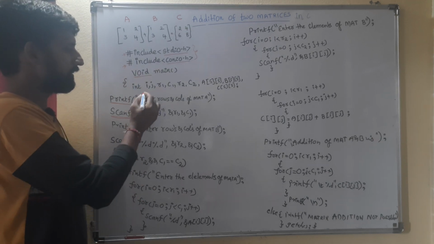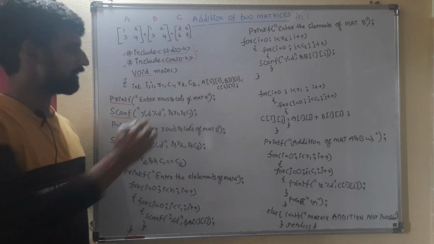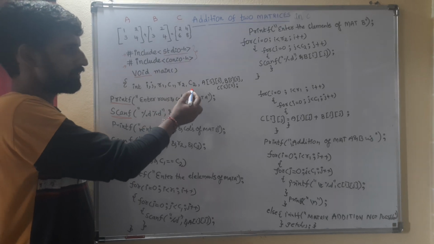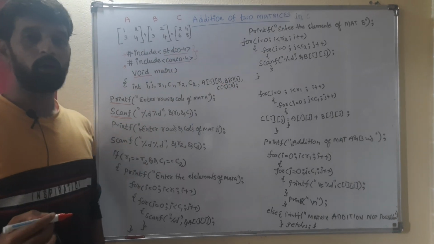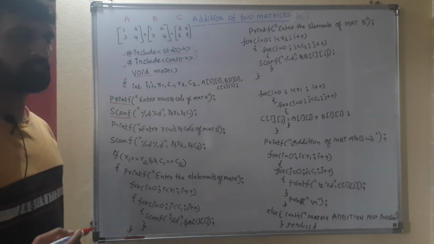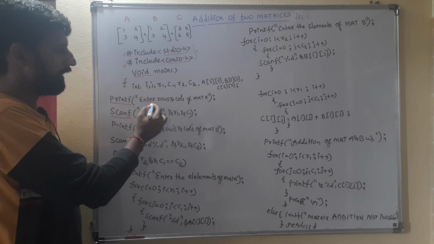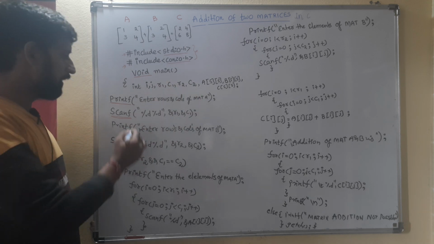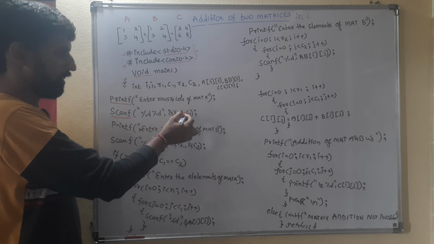Next one, int i, j. These are the declaration of the variables i, j, r1, c1, r2, c2. Here a, b, c are the matrices. Now you see printf, enter the number of rows and columns of matrix A, and scanf, we are going to read rows and columns.